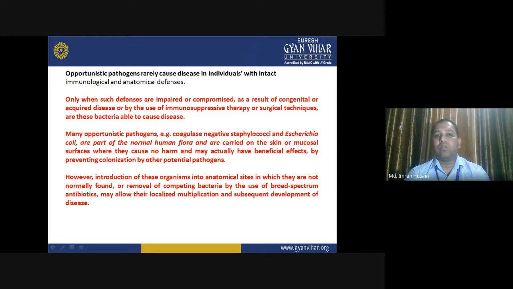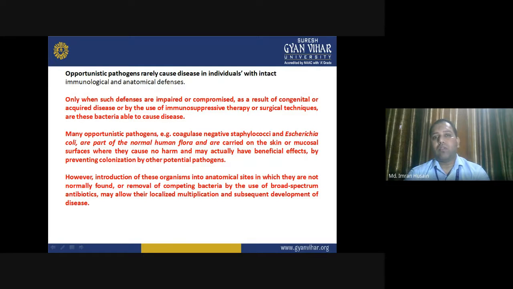So opportunistic infections do not affect individuals who are physically strong and whose immune systems are up to the mark. Only when such defenses are impaired or compromised as a result of congenital or acquired disease, or by the use of immunosuppressive therapy or surgical techniques, are these bacteria able to cause disease.